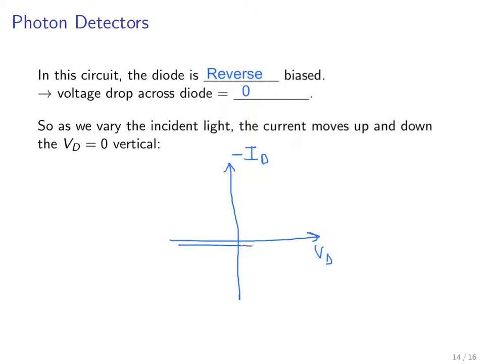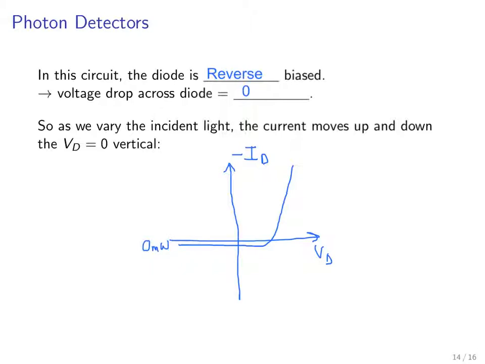With no incident light, we'd have some small reverse current, some small offset from the V sub d equals 0 point. We'd have some small offset due to the dark current, and that's for the case with 0 milliwatts.